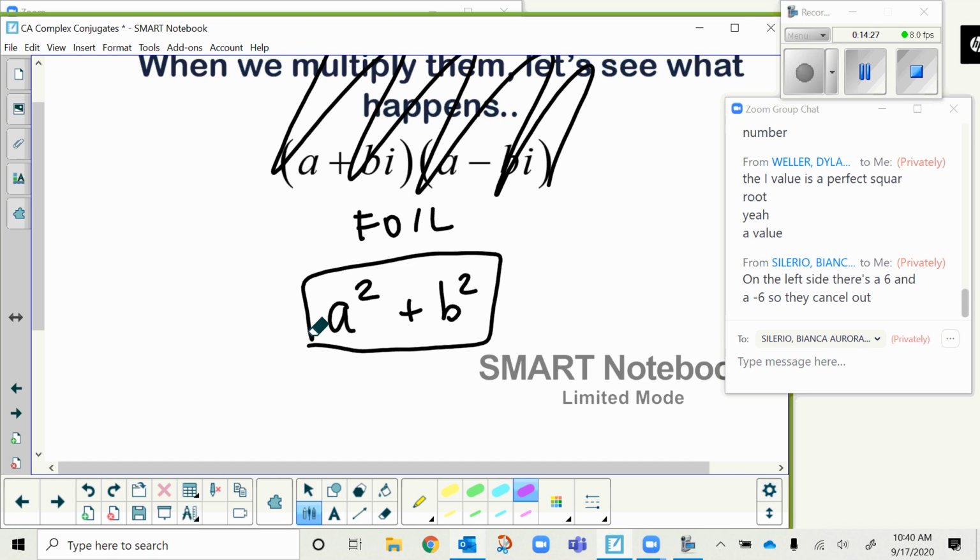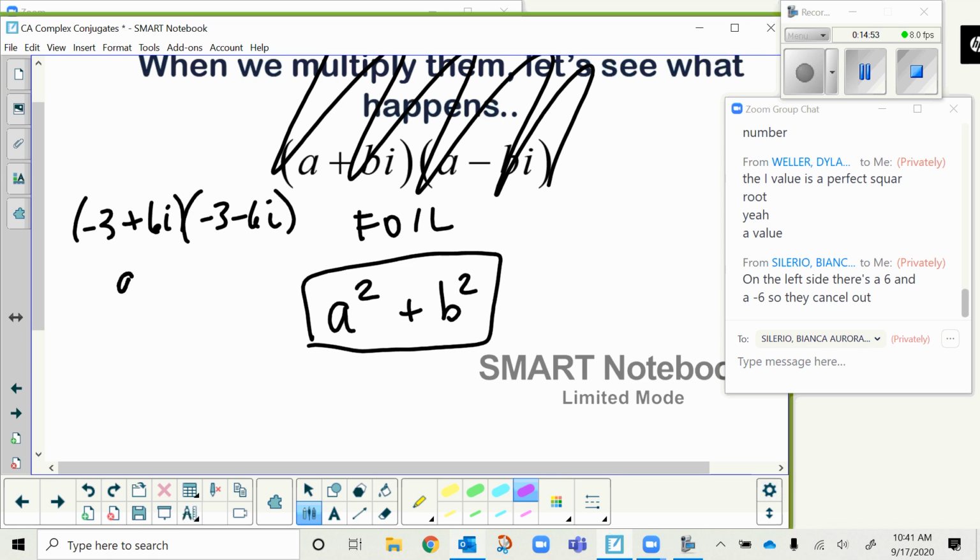Whatever the A value is will be squared, and whatever the B value is will be squared. So if we go back to our warm-up problem, which was this, remember the other day we did all that work about figure out the A, figure out the B? We're going to use that here.